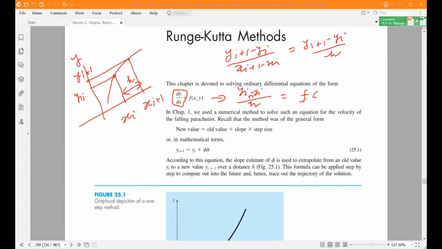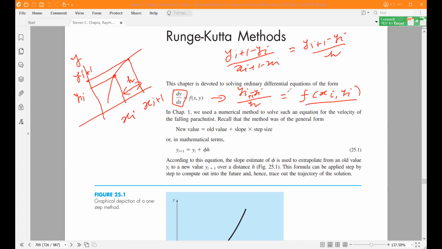Now, where to calculate this value? Actually, this value is calculated at the beginning of the step, say at xi, yi. One important thing is that the right hand side of the differential equation is a function of both your independent variable and dependent variable.